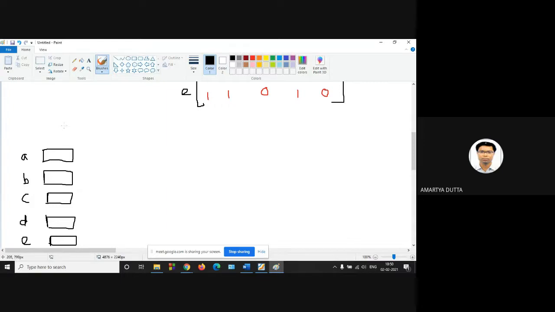This is your adjacency list representation of your graph.